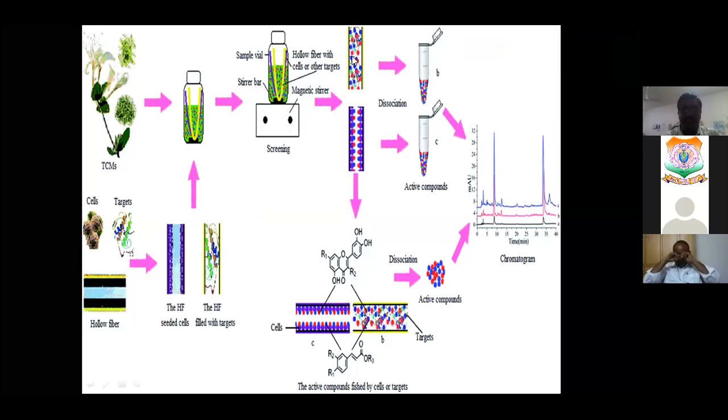Then after that, you see the target as well as the bioactive components are joined together. Then after dissociation, the compounds which are not binding are eliminated, and the compounds which bind to that fiber remain, and they separate these active components.